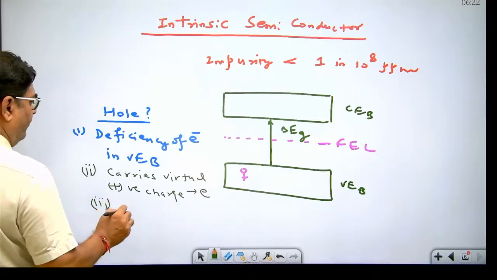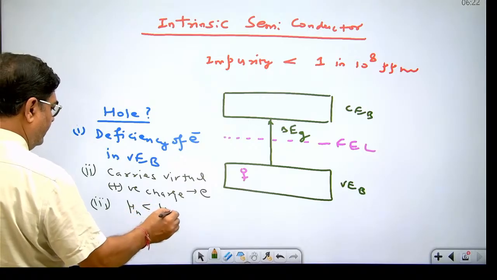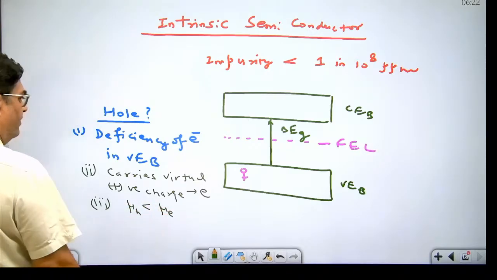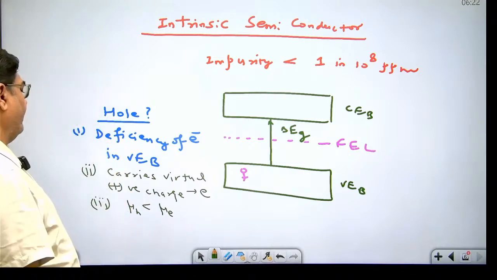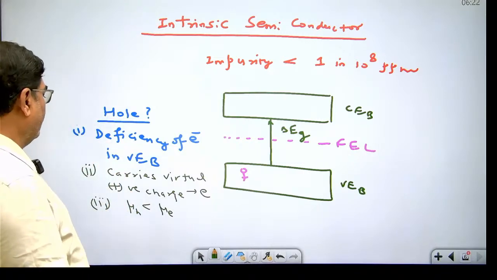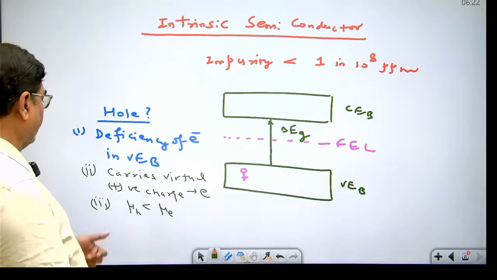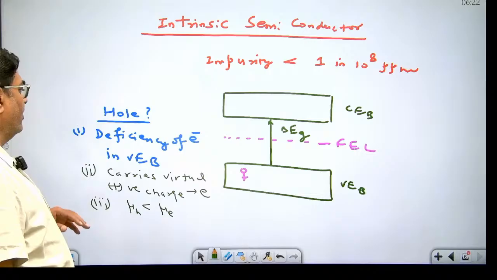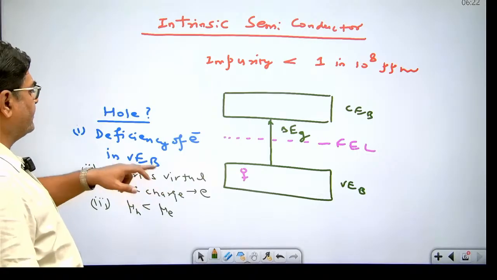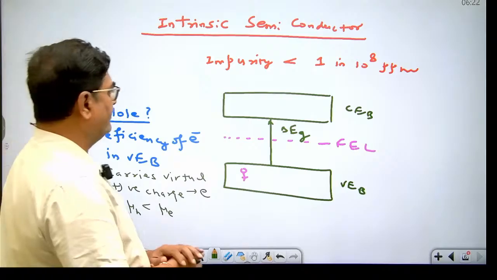The mobility of hole is lesser than mobility of electron in CEB because holes are closer to the nucleus and electrons are away from the nucleus. So mobility of hole is lesser than mobility of electron, or effective mass of hole is more than effective mass of electron. Okay. And how the hole is formed? When covalent bond is broken in valence energy band, then hole is formed.